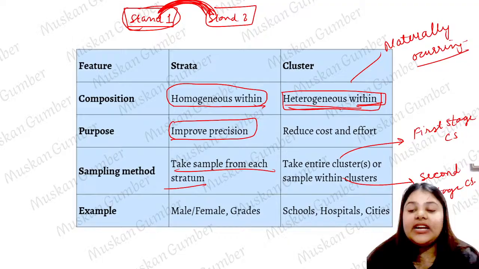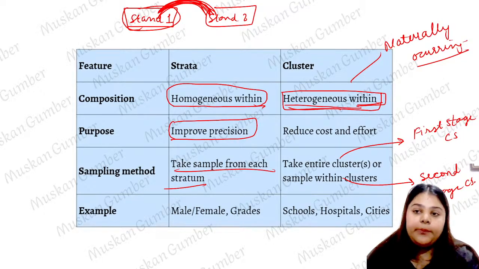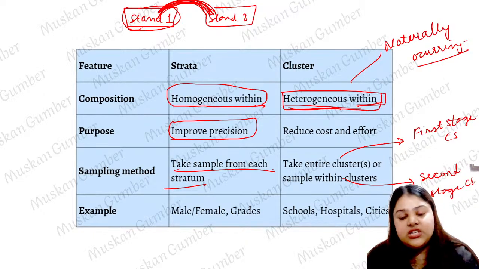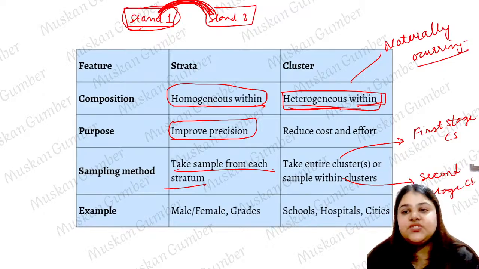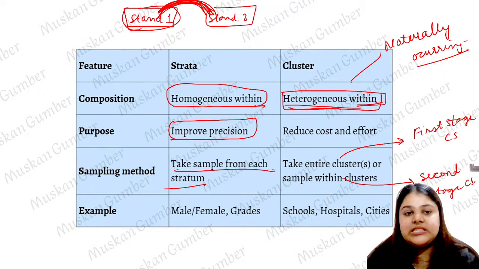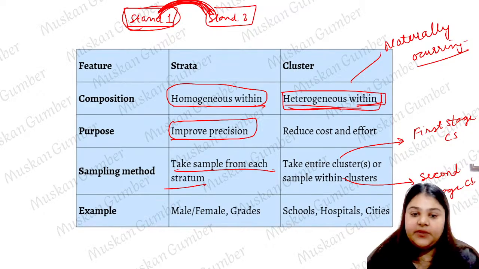We have talked about stratified sampling, disproportionate and proportionate, and at last we talked about cluster sampling. I hope the difference between stratified sampling and cluster sampling is clear to all of you. If you still have any doubt anywhere, please let me know. I would explain that and then we will wrap our class for today.